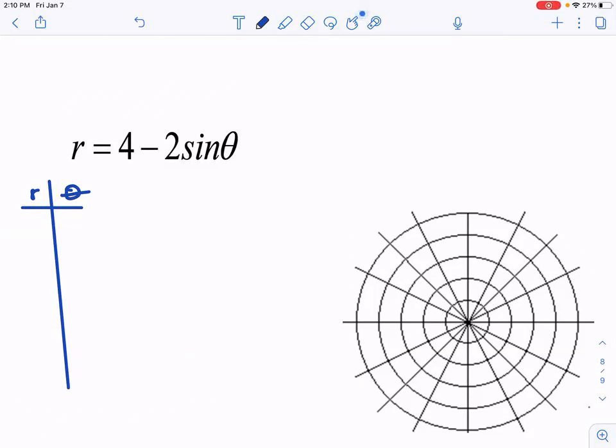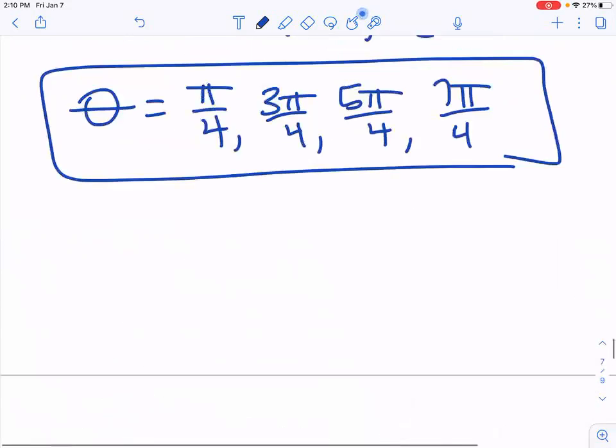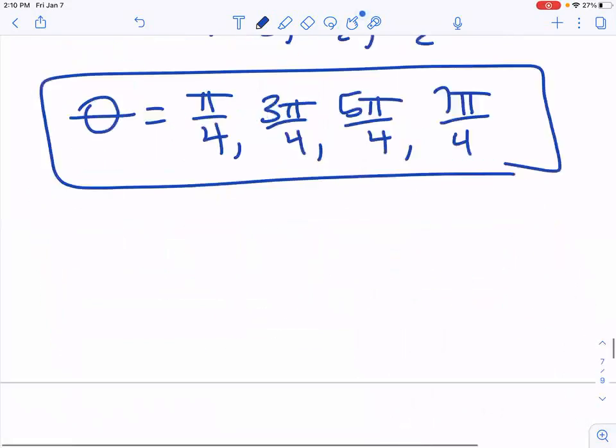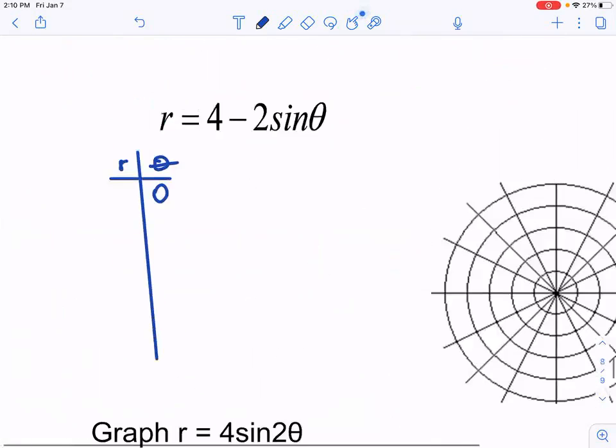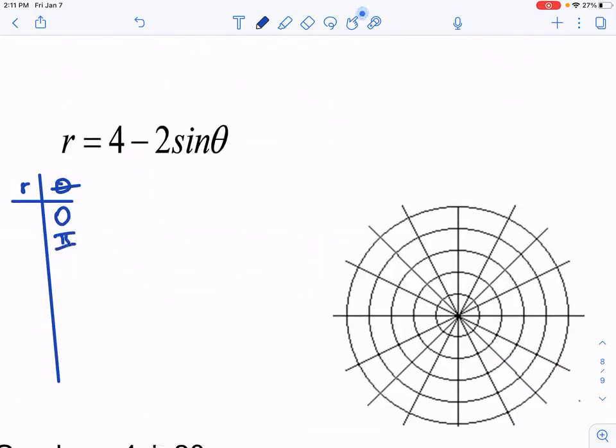When you graph a limacon, you're gonna plug in 0, pi over 2, pi, 3 pi over 2, and 2 pi.